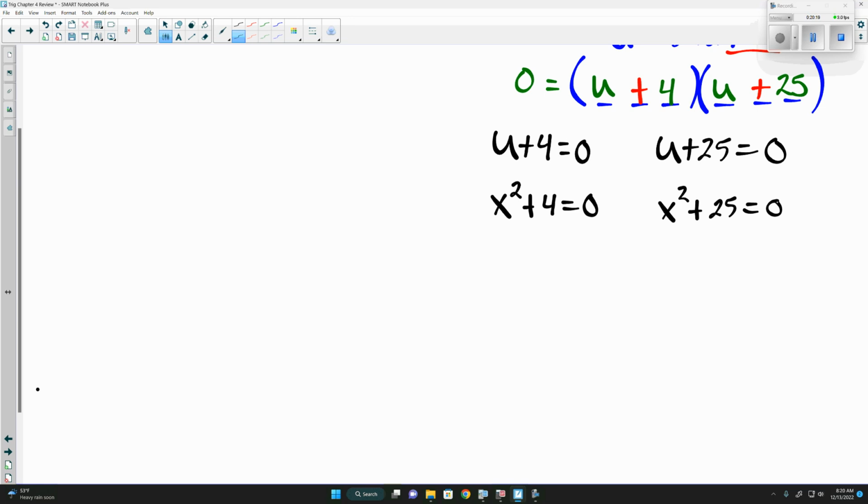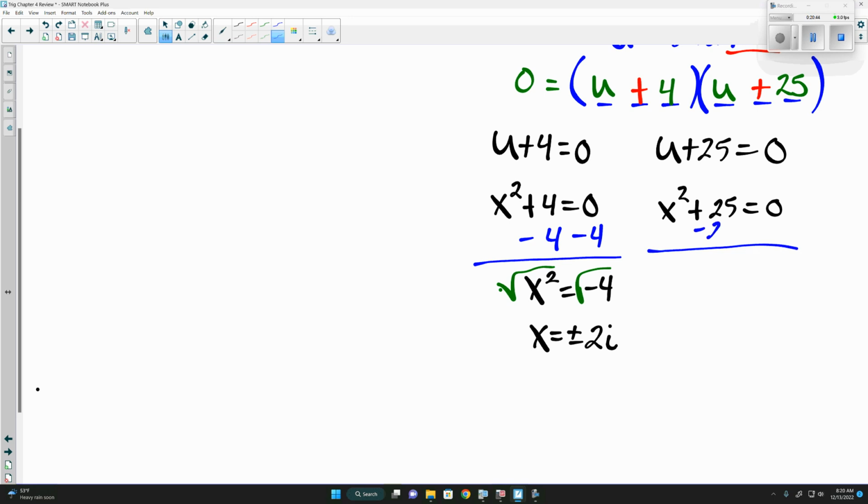Now at this point here we can solve by the square root method, minus 4 from both sides, telling us that x squared is equal to negative 4, square root, x is equal to plus or minus 2i. Because square root of 4 is 2, the negative comes out as i.